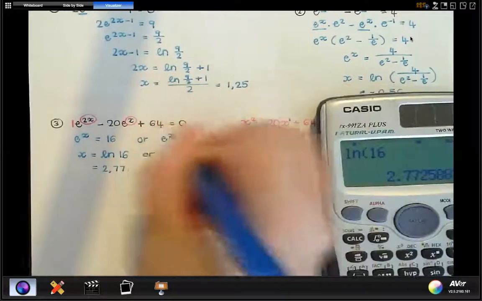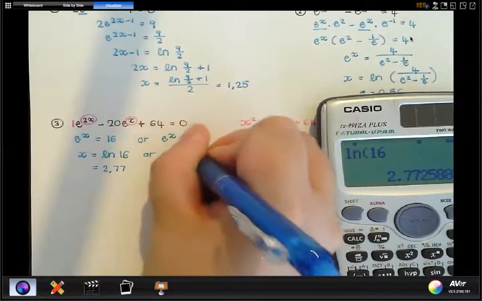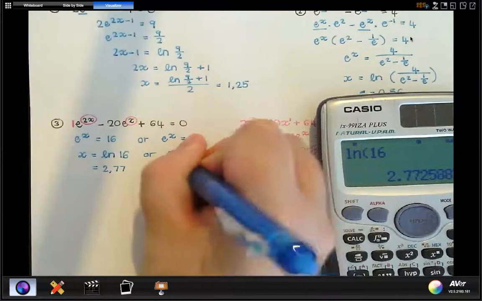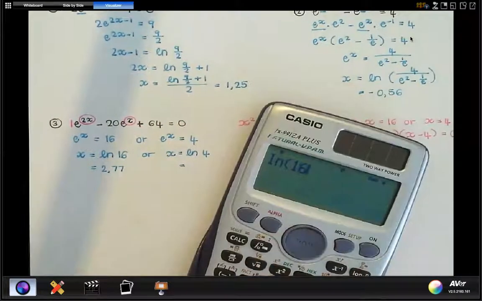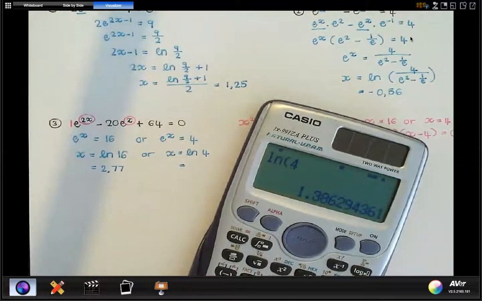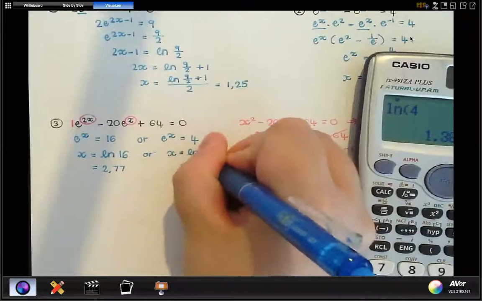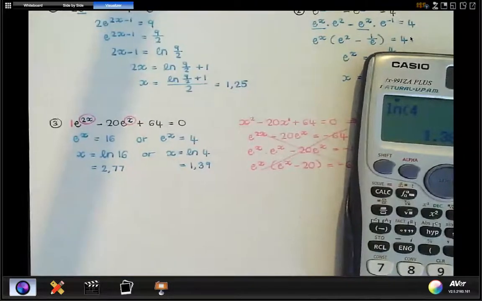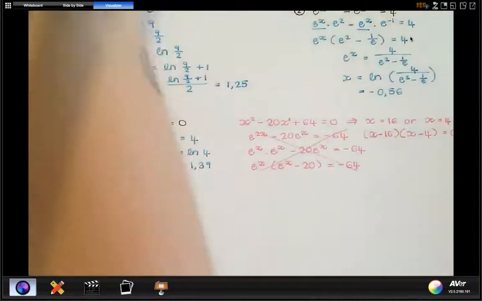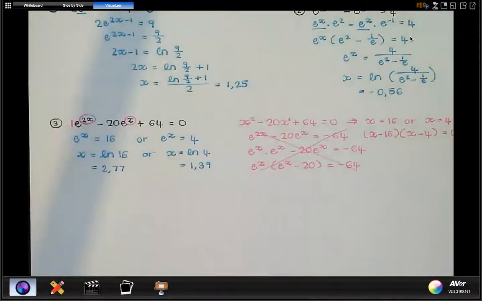Or in the other one, x is ln of 4, which is 1.39. Okay, and that is basically it. That is how you would solve these equations.